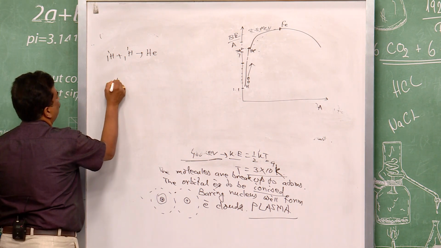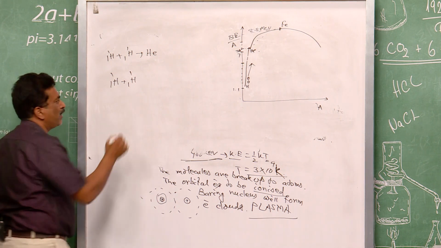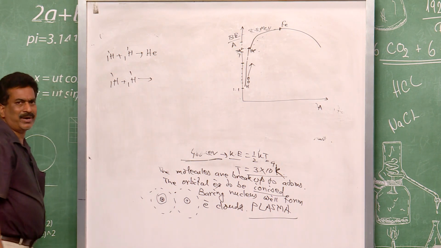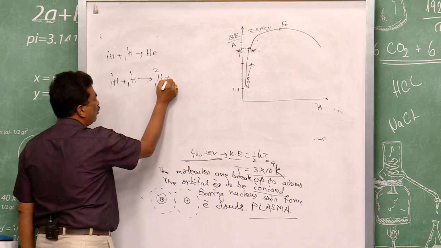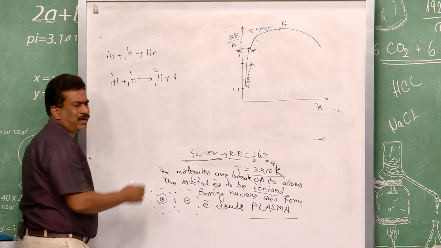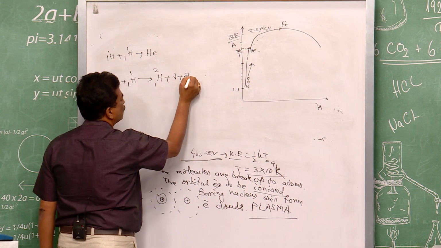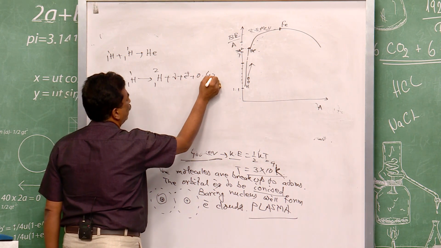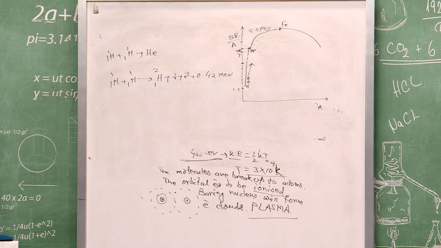Suppose we have taken 1H1 with 1H1. So 1H1 plus 1H1 gives you 1H2 with gamma emission and some energy, 0.42 MeV, as I have written earlier.